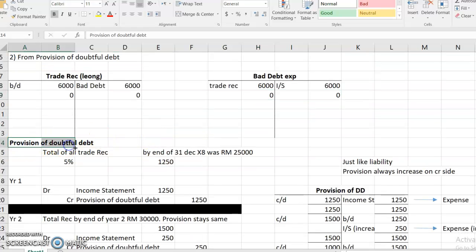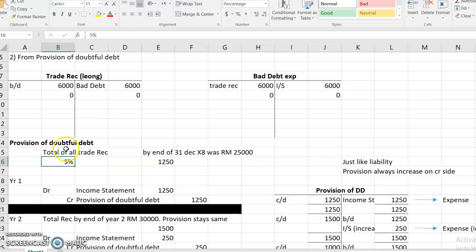Second of all, we have provision of doubtful debt. Provision of doubtful debt is we take a certain percentage which we think we will not be able to collect, or we estimate that these people will not pay us at the end of the period. So we are just estimating. It's not that this amount is actually going from the accounts.